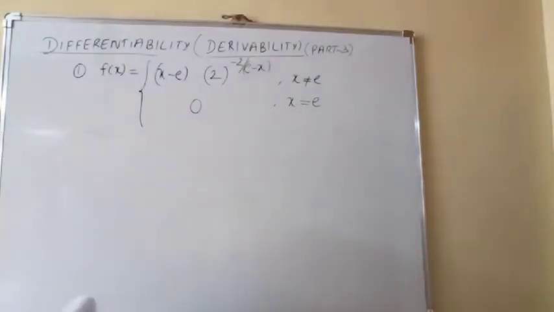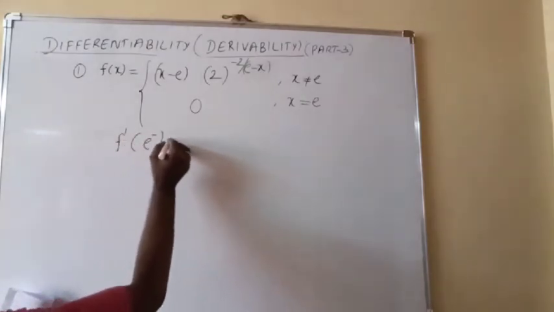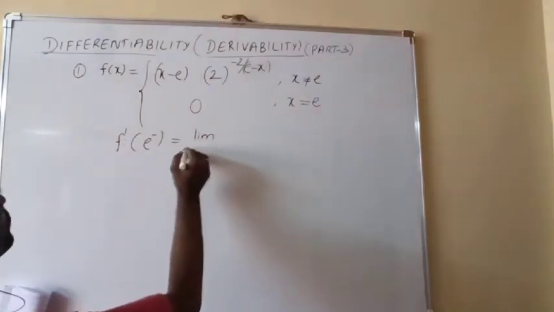So I'm finding the left hand derivative at e, f'(e-), which is the limit as x tends to e minus of (f(x) - f(a))/(x - a).